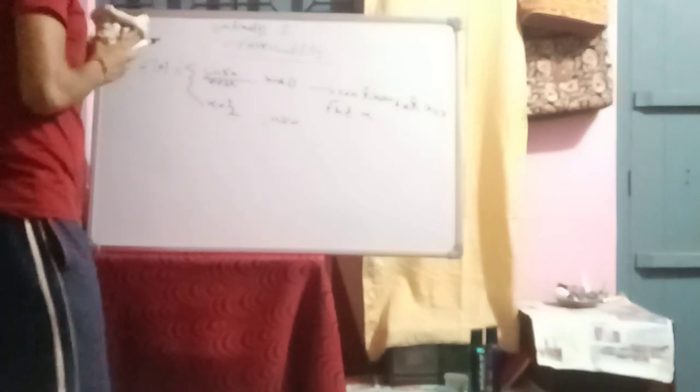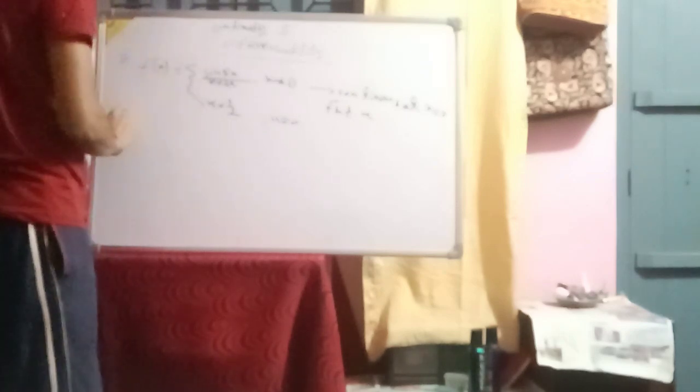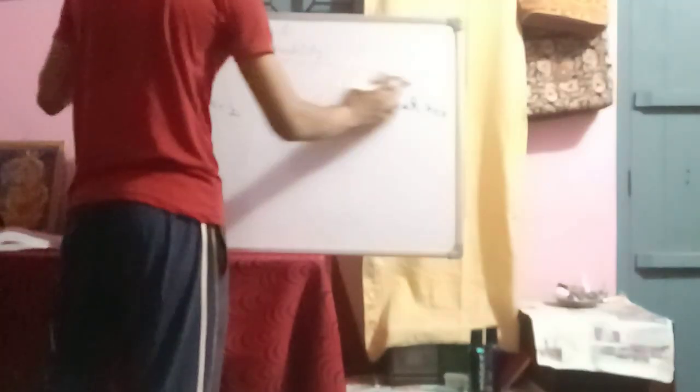Okay, so let's do this. I'm going to erase the question right here. First of all, the limit as x tends to 0 of f of x. What would this become?